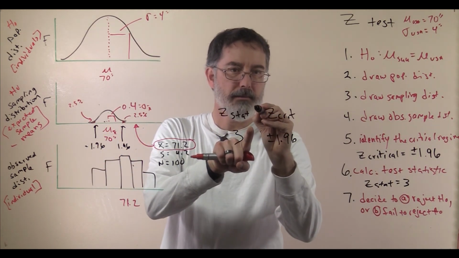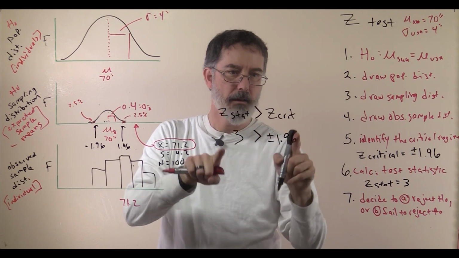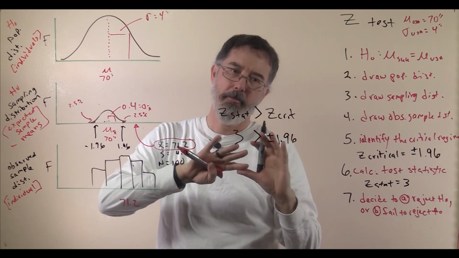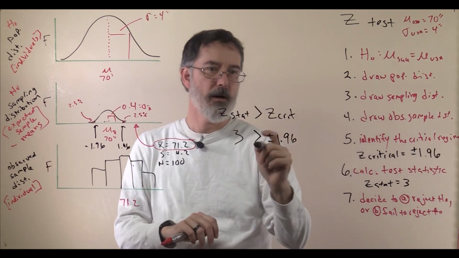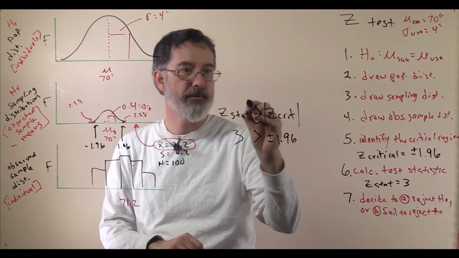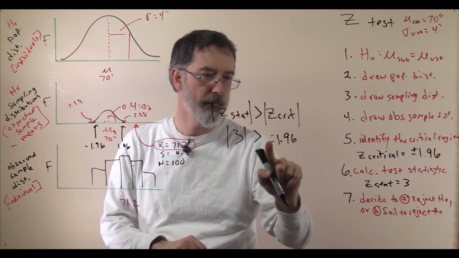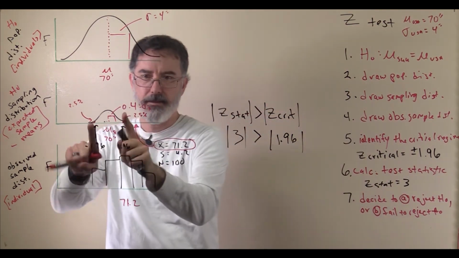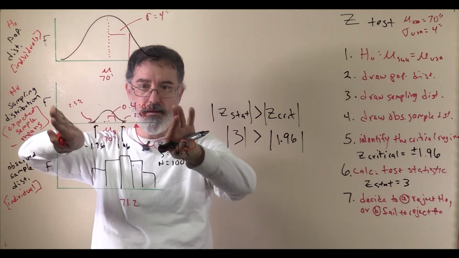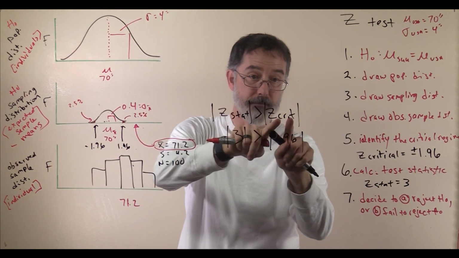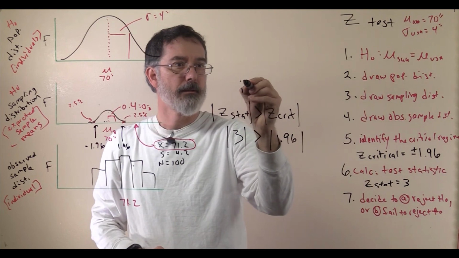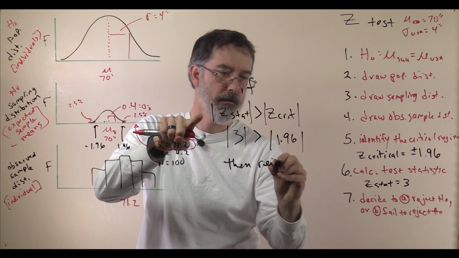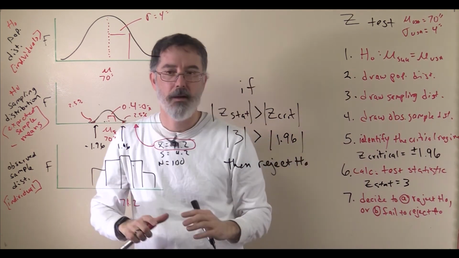If our z-statistic is more extreme than our critical values, we reject the null hypothesis. Generally, it doesn't matter if you're talking about positive or negative, so I'm going to put these in here as absolute values, because in practice, that's the way you end up doing it. So if our z-score is greater than 1.96, that's our critical value, then you reject the null hypothesis.